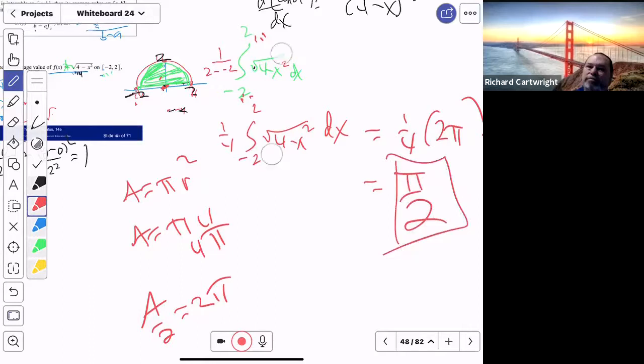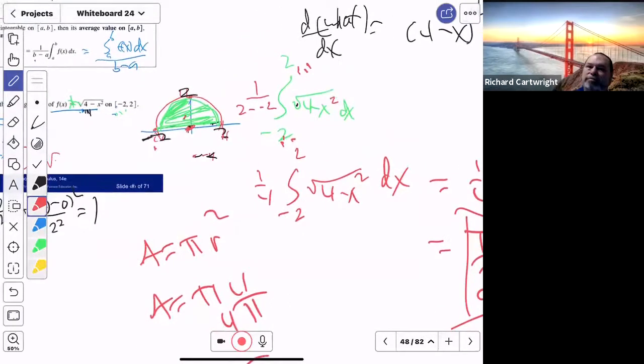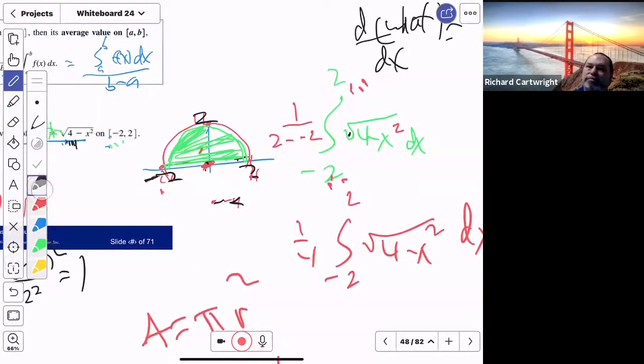That means the average area, if I could create that box, I'm just going to pretend, starting from here, making a box, I can find a box that has the area of 2 pi.